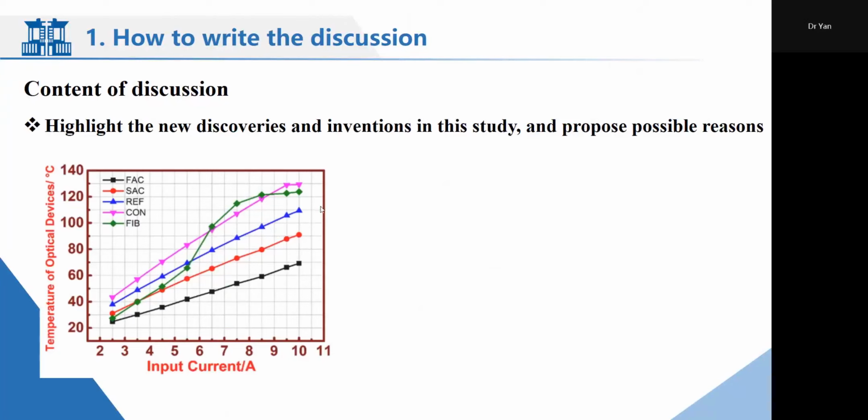Okay, and the last one right here is to highlight the new discovery and inventions in the study and propose the possible reason for it. It's the third level of the discussion. For this one, I think I have already introduced these figures.